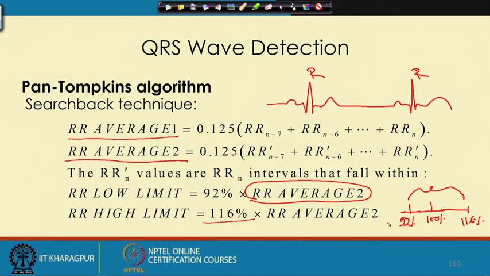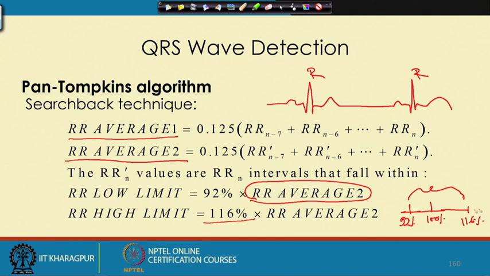So, if it is below that, then we get that new peak as a noisy peak, and that helps us to actually change that running estimate of the noise peak. And if it is within this interval, then it is a signal peak, then that helps us to find out from the signal peak that we can get that RR average 2, as well as we can estimate or update the estimate of the signal peak.